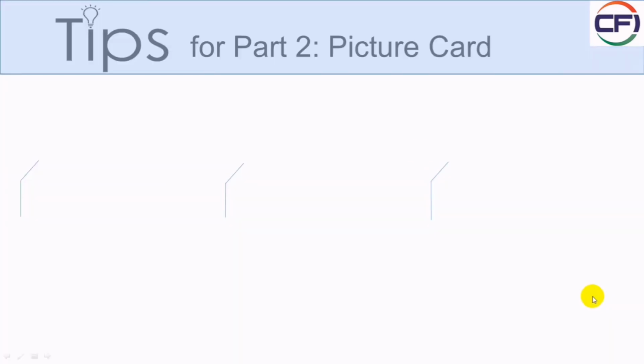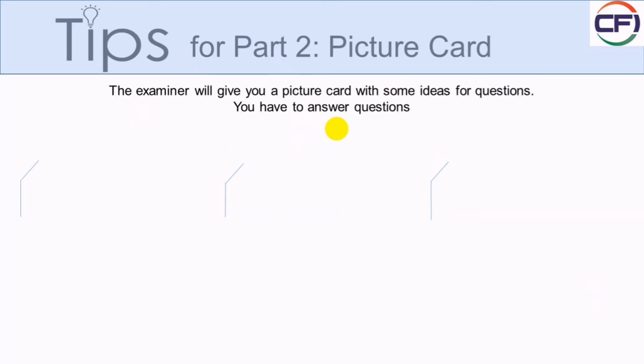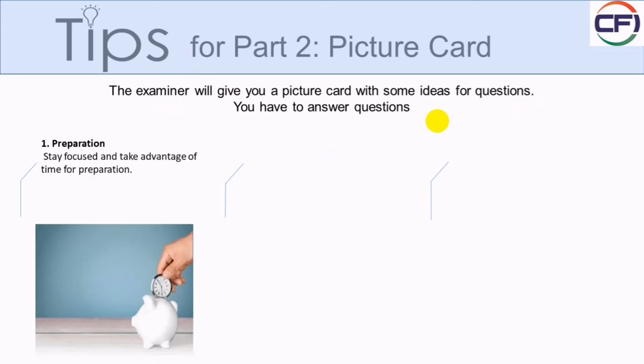Okay, so now we've moved to the second part. In the second part of the English speaking test, the examiner will give you a picture card with some ideas for the question. You have to answer the questions. You should remember that in this part, you don't need to learn by heart the information on the speaking card, but you should try to stay focused and take advantage of time for preparation.